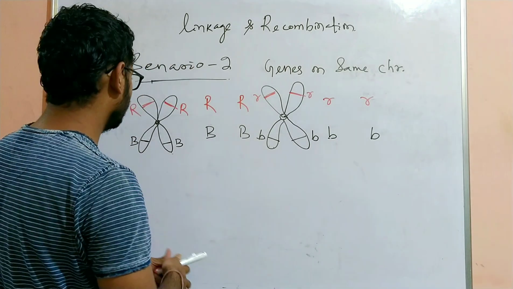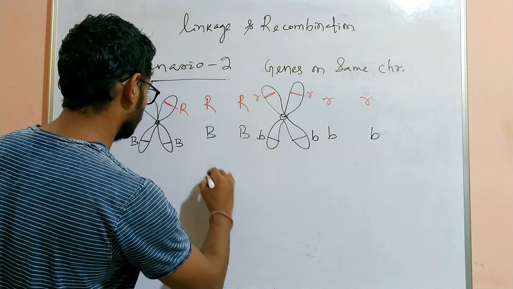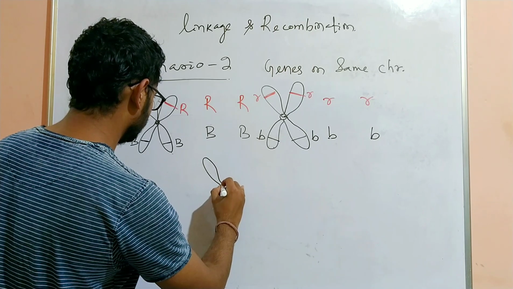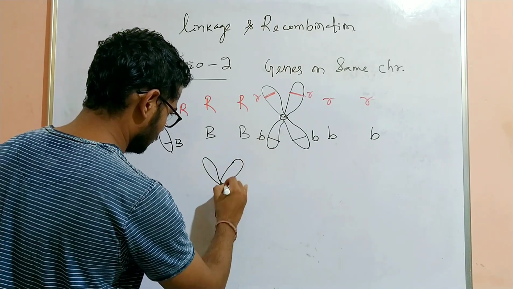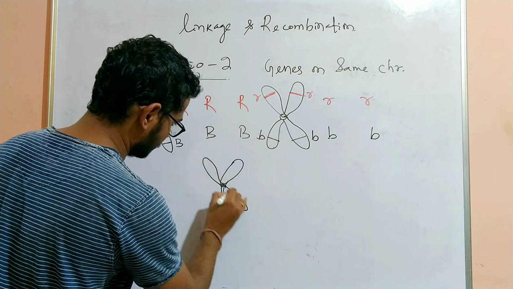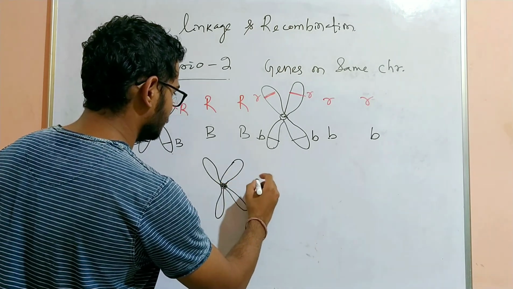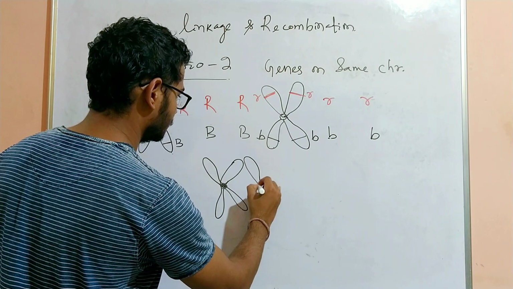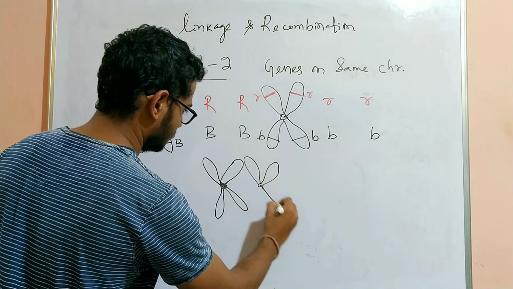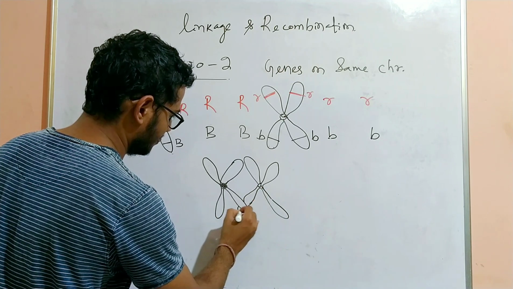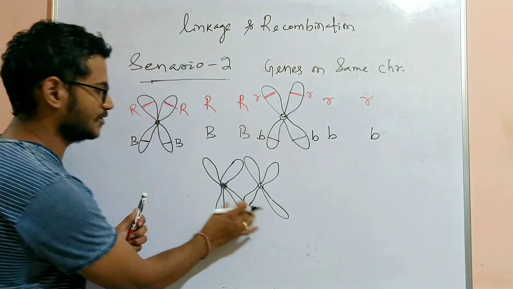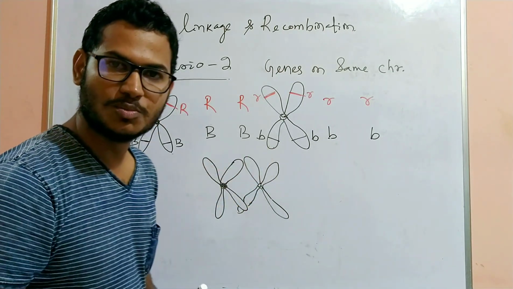So let me draw again: this chromatid and this one are located very close to each other. So here the crossing over occurs between the non-sister chromatids.